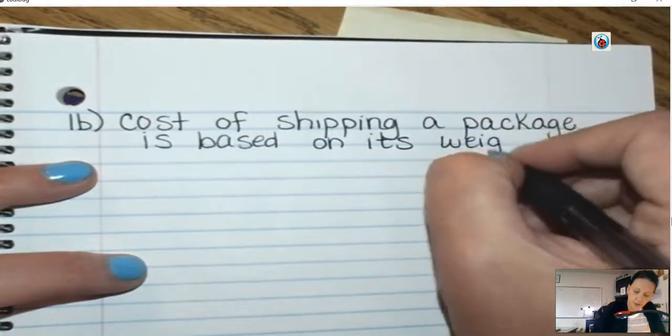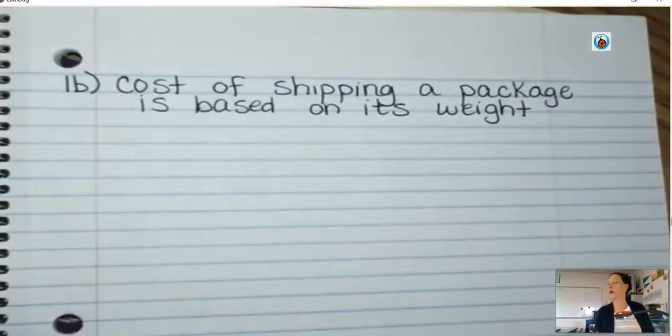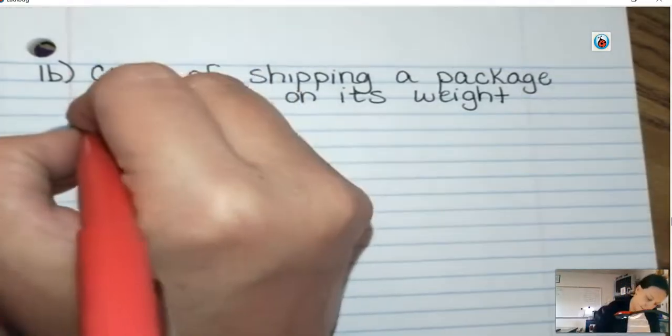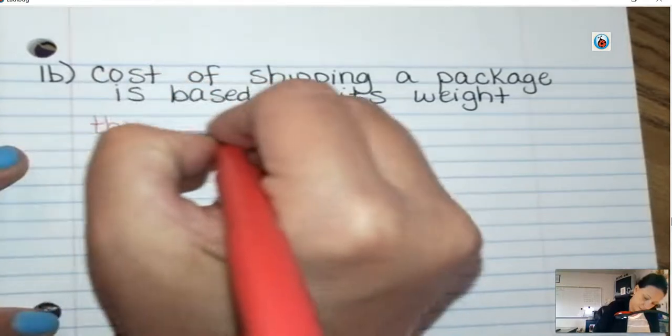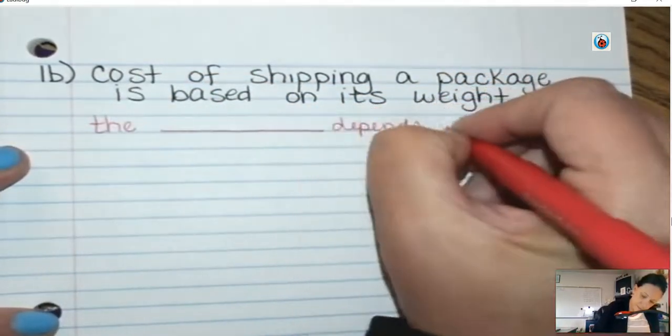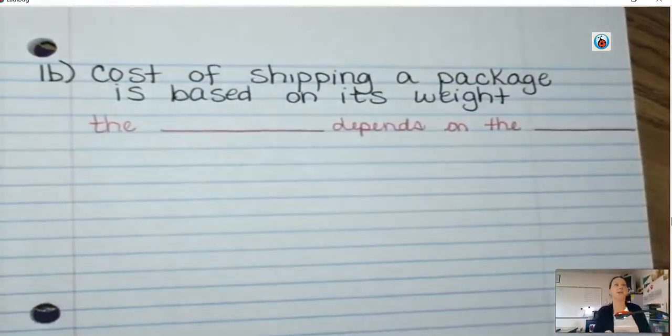Most of you realize, if you have to go mail something, the heavier it weighs, you have to pay more money. Okay, so write down the sentence: the blank depends on the blank. This sentence will help you determine which one's dependent, which one's independent.